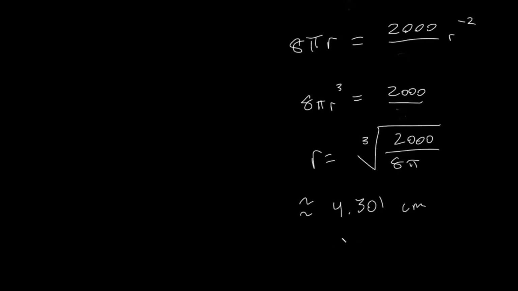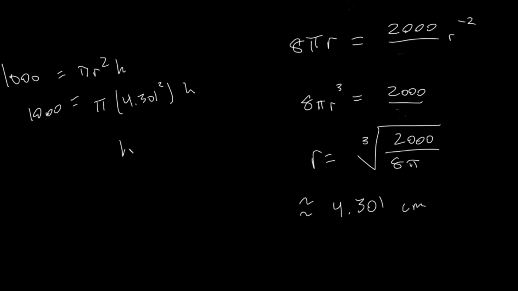And so let's go ahead and find h. So going back to volume is 1,000 units cubed, and that's pi r squared h, or that's pi times 4.301 squared h. So h is 1,000 divided by pi times 4.301 squared. So if I do this, I get h is 17.207.